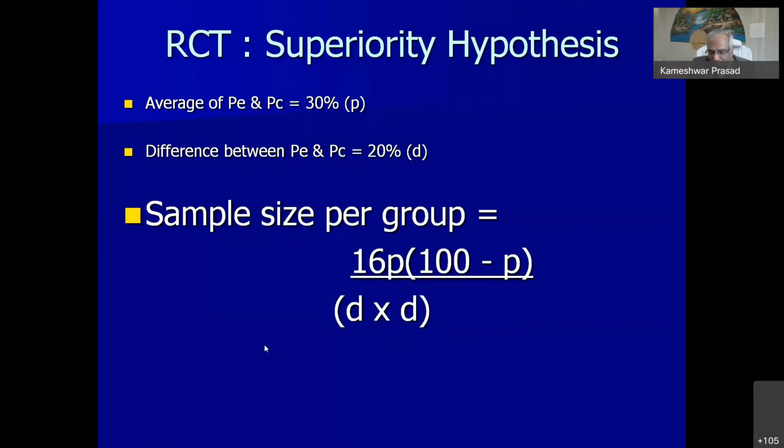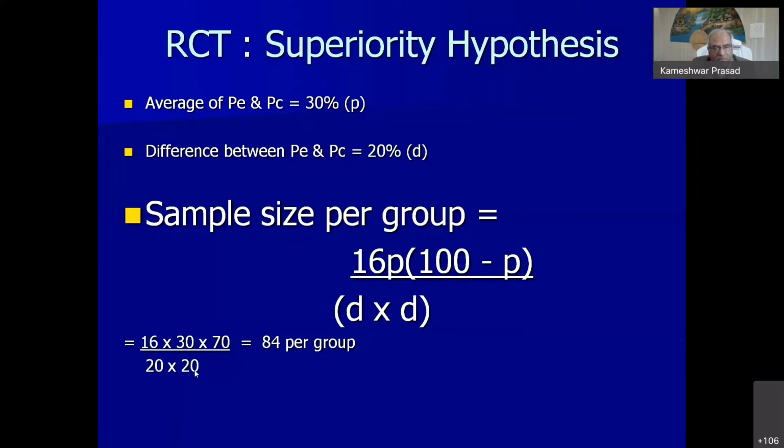In a class, I ask people to do this calculation, but I will do it for you. 16 into P is 30, and 100 minus P is 70. So 16 into 30 into 70, divided by 20 into 20, where D is the difference.